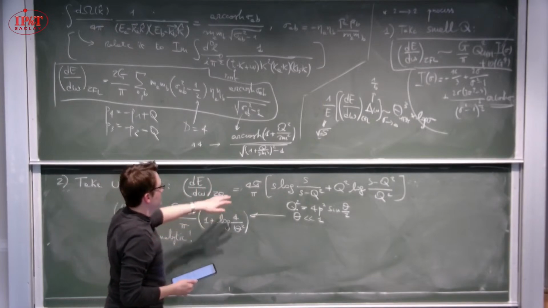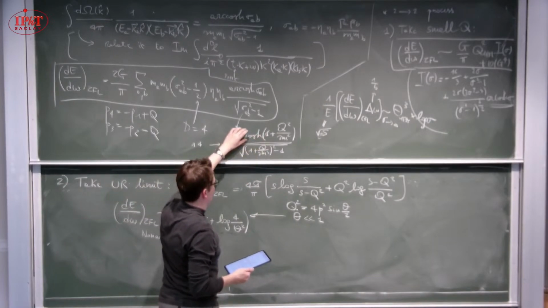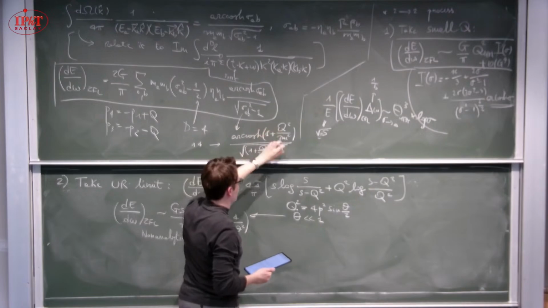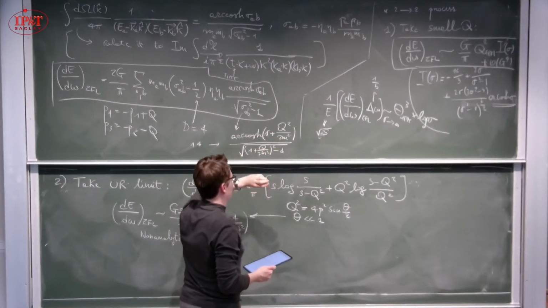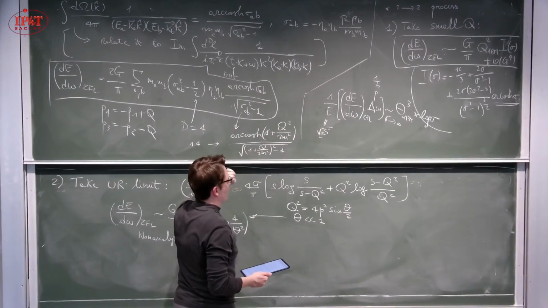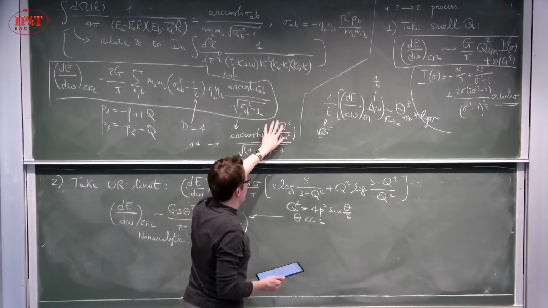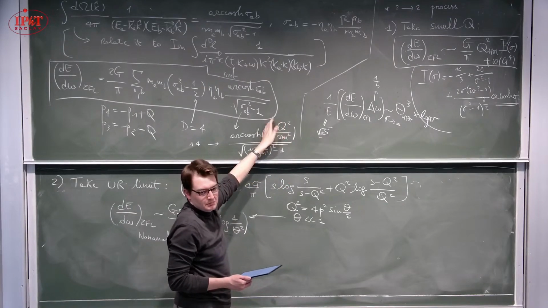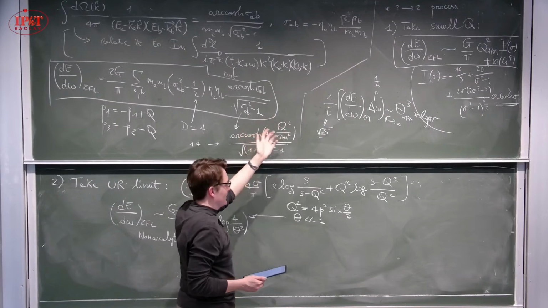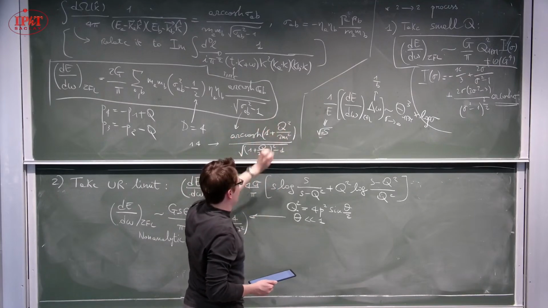And the key point is that this function, arccosh of x divided by square root of x squared minus 1, is actually analytic for x bigger than minus 1. So it develops a branch cut when this argument is equal to minus 1. Of course, it's an unphysical region, but complex analysis doesn't care. So there is a branch cut.